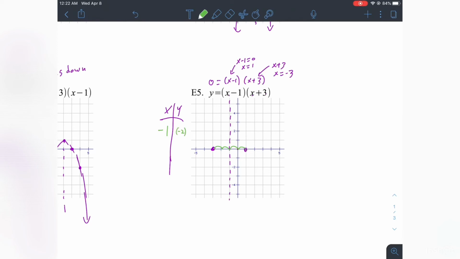Negative 1 plus 3 is 1. And negative 2 times 1 is negative 2. And then plug in something close by like 0. 0 minus 1 is negative 1. 0 plus 3 is 3. Negative 1 times 3 is negative 3. So 0, negative 3.